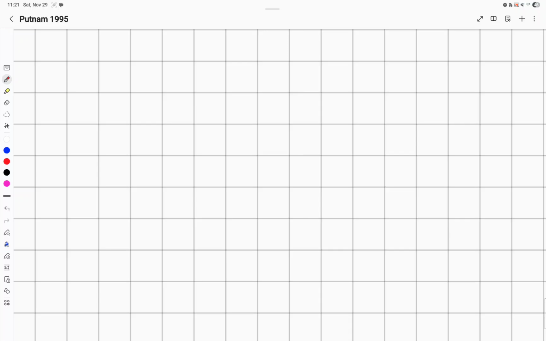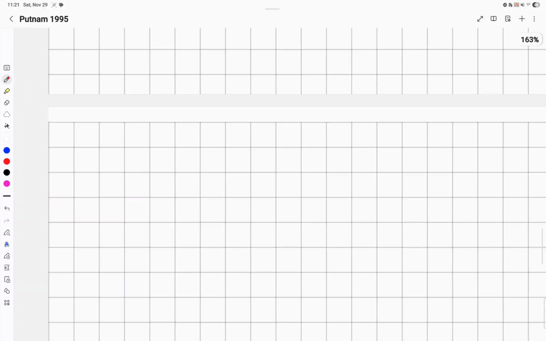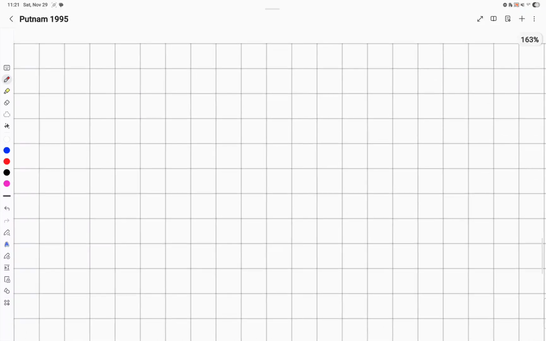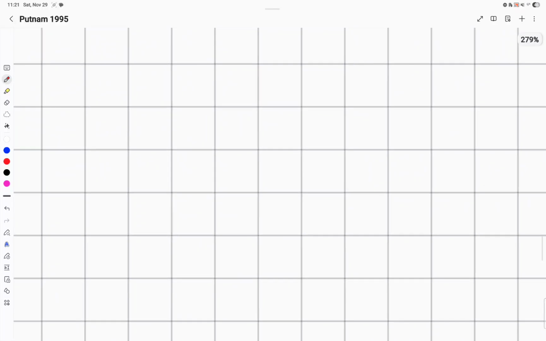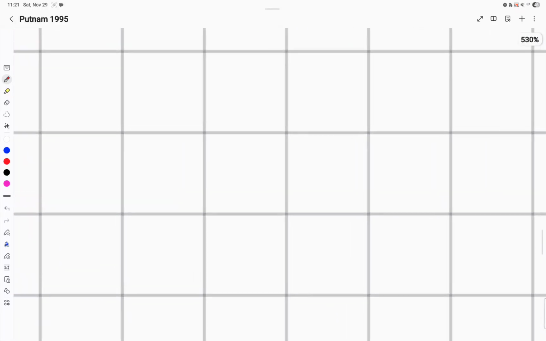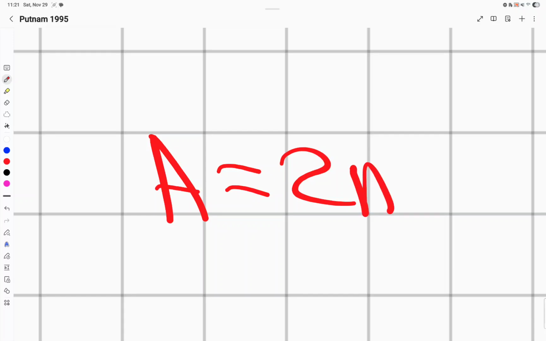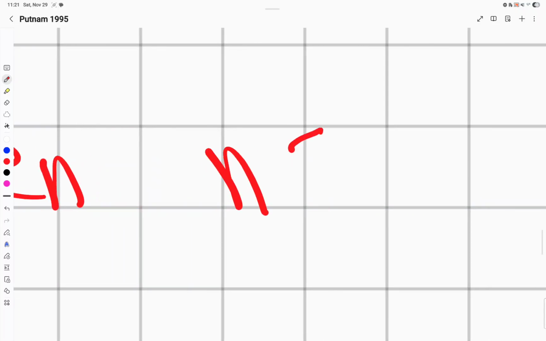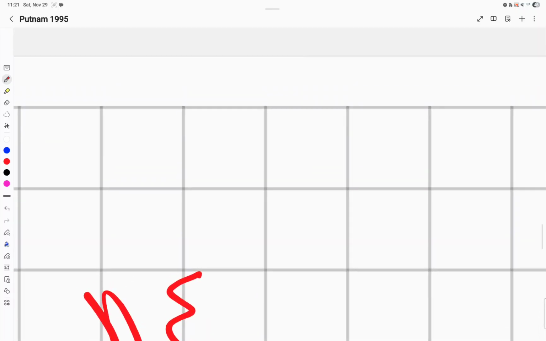Anyway, let's show that two even numbers multiply to an even number, okay? Let's do the square. So let's say we have an even number a, which equals 2n. Let's say n belongs to the integers, right?